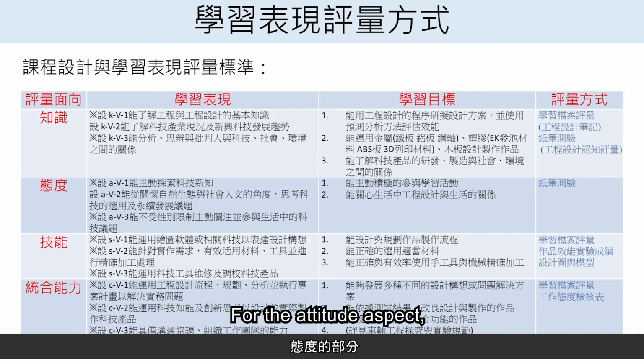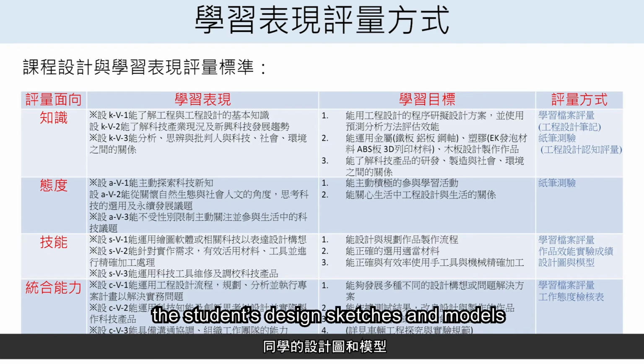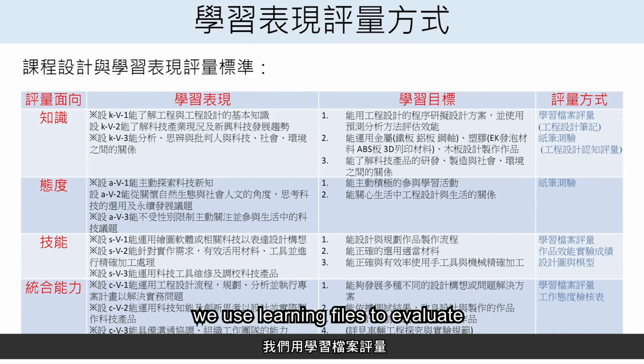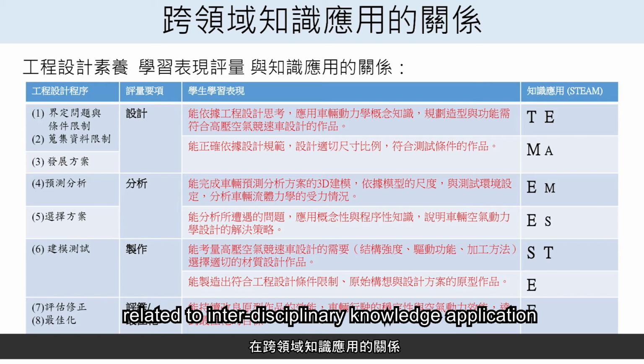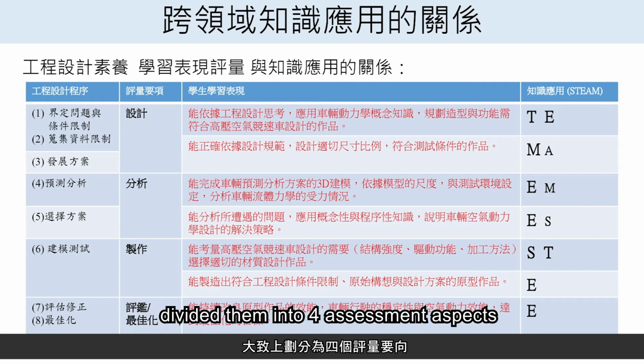For the attitude aspect, we use written tests. For the skill aspect, we use learning files to evaluate the creations test performance results, the student's design sketches and models. For the integration capabilities aspect, we use learning files to evaluate and work attitude checklists. This is our curriculum assessment related to interdisciplinary knowledge application. For the 8 procedures in engineering design we have divided them into 4 assessment aspects.